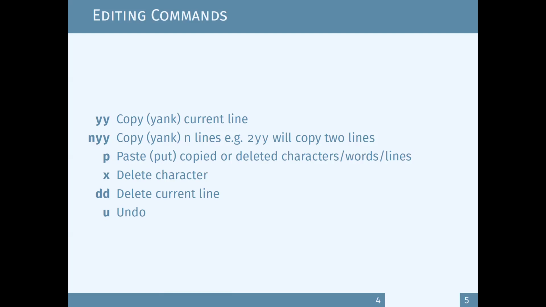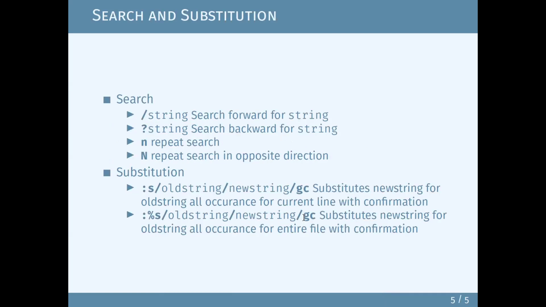For example, if you want to copy 2 lines from the cursor, we can type 2YY, which will copy the 2 lines. Whatever was copied or deleted, if you want to paste it, you can use P. Similar to that, X to delete a character, DD to delete the current line, and U for undo.